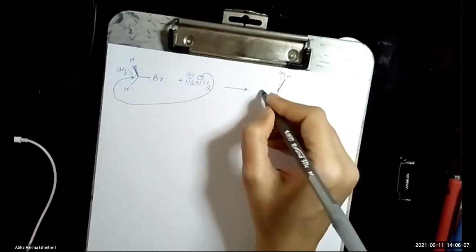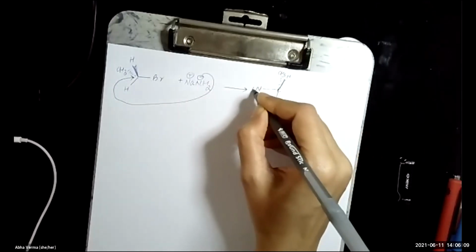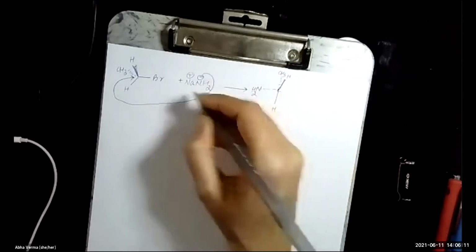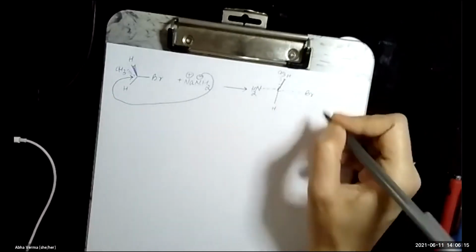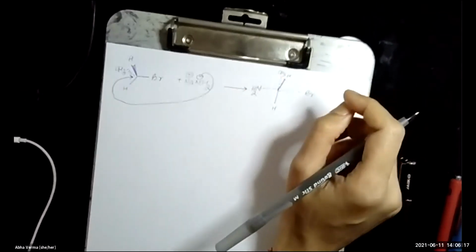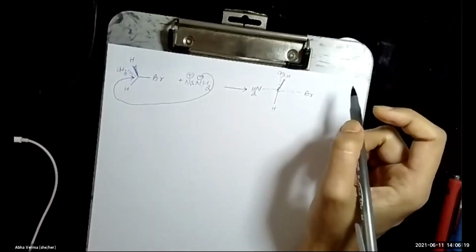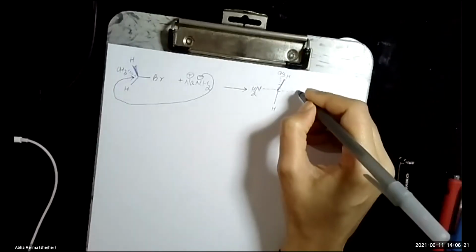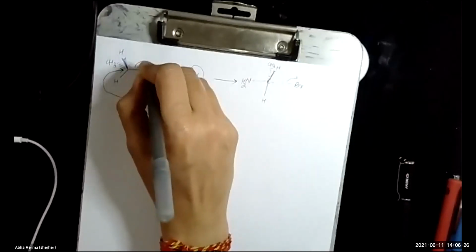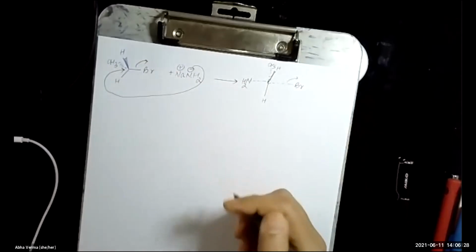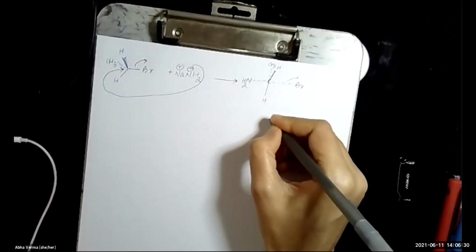So my NH2 will be entering at one end, whereas my leaving group will be exiting from the other end. When this leaving group has left the structure, I will get what?